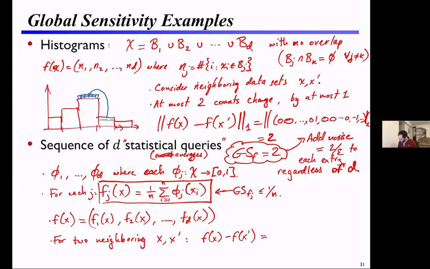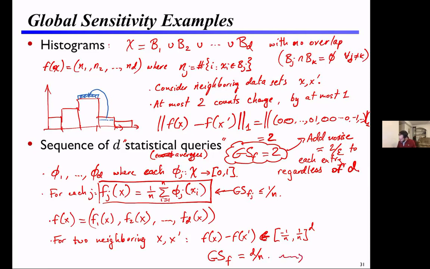This is a long vector of length d, and each entry can be anywhere between minus 1 over n and plus 1 over n, and they can all be non-zero at the same time. So its L1 norm can be as large as d over n, and the global sensitivity of f is d over n. Which is still pretty reasonable as long as d is not too big, as long as the data set size is much larger than the number of these things we want to compute.